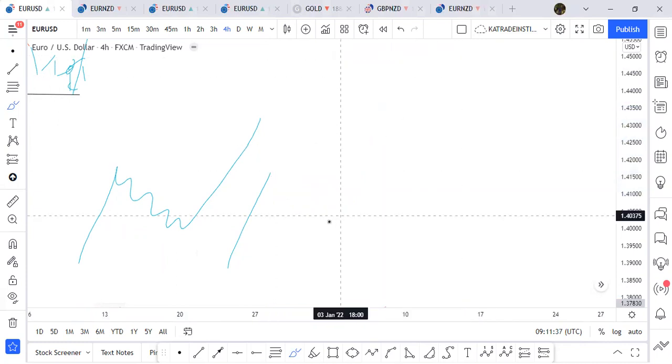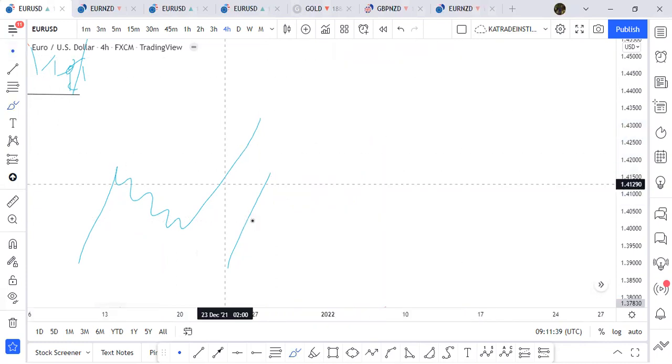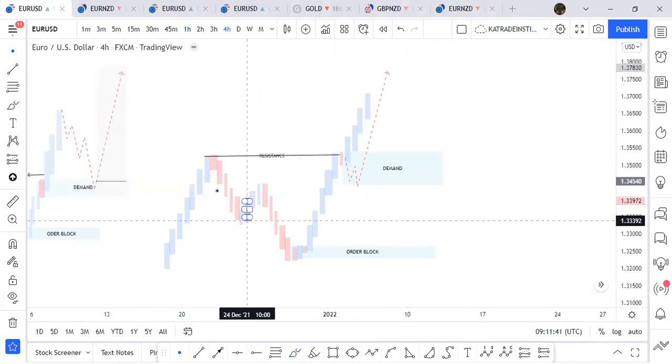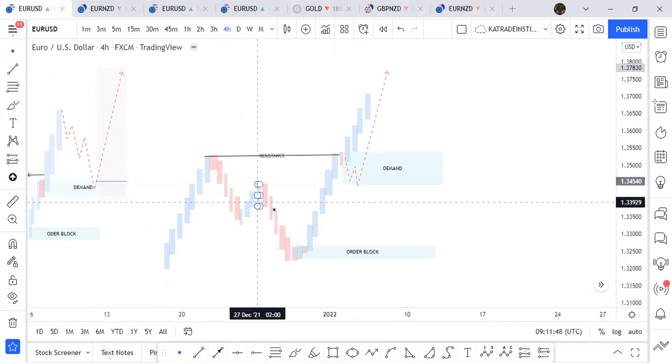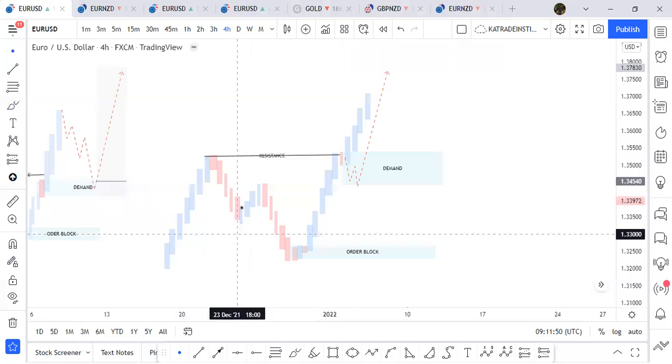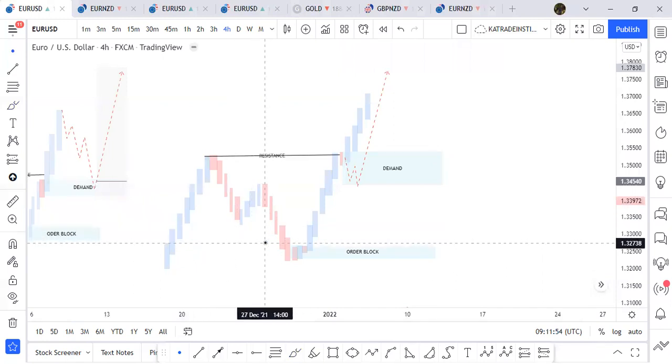So this area is also a trend channel. When price got here, that's why I said some retracement can be a reversal.